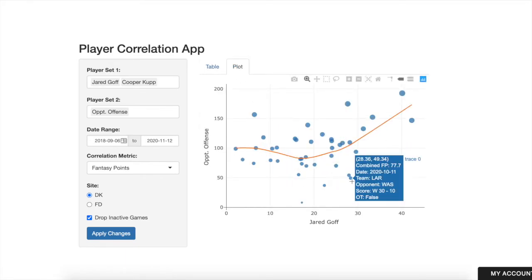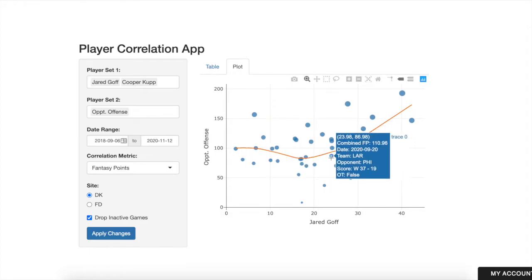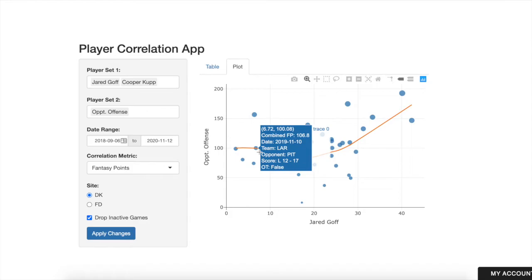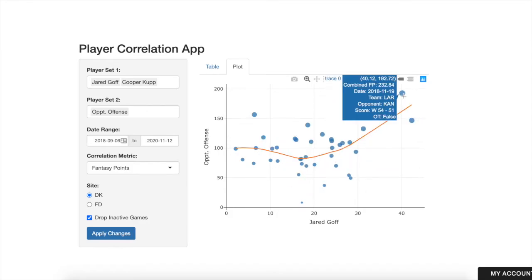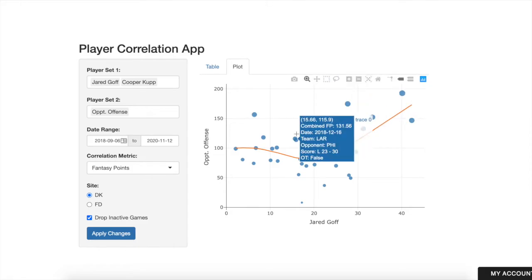We can see that, for Goff's floor to kind of median outcome, there's little positive correlation. But as Goff really reaches ceiling performances, it tends to correlate with elevated scoring by the opposition.